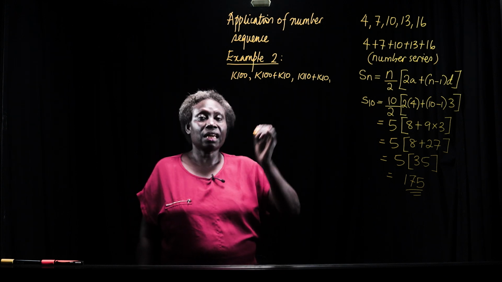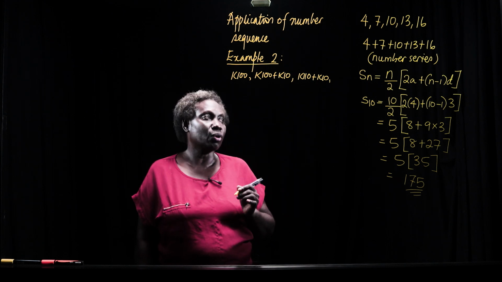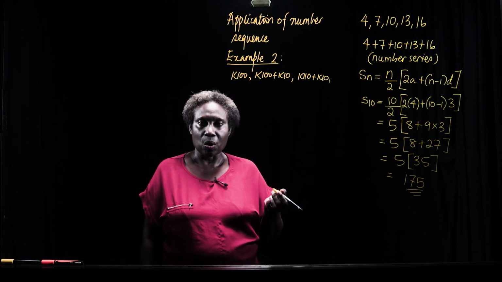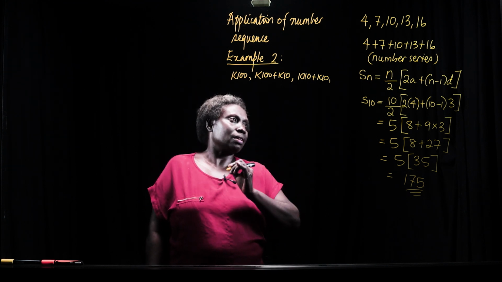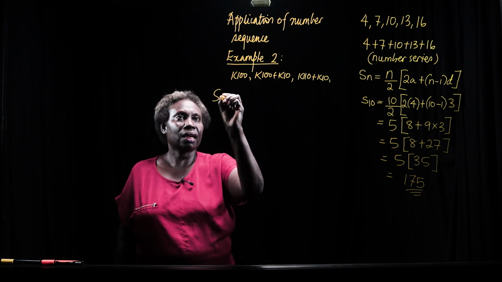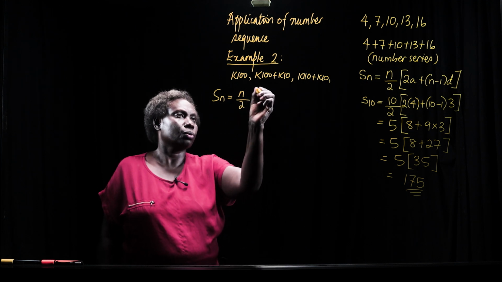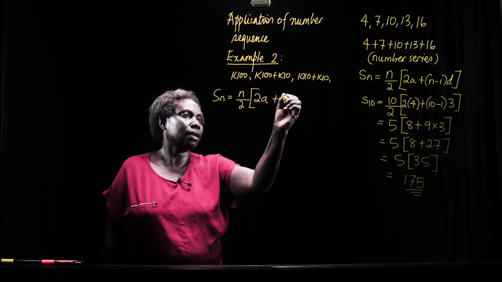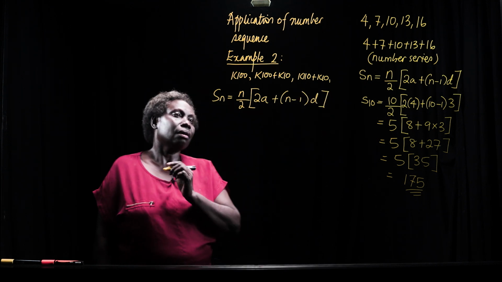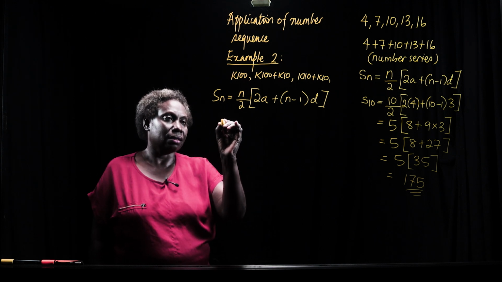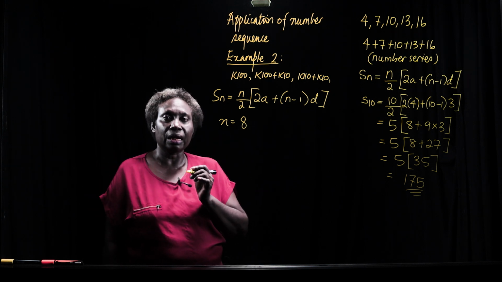To save time adding all these numbers, we can use the formula for calculating the sum of a number sequence, and that is Sn is equal to n over 2 times 2a plus n minus 1 times d. Here, our n is 8 because we want to find out how much he is going to save up in 8 months.